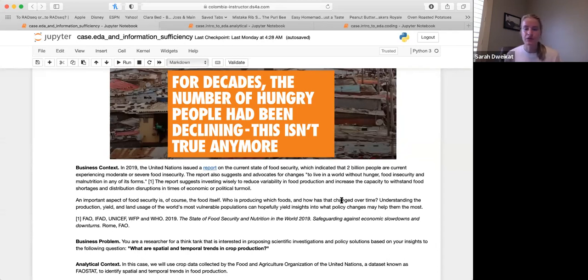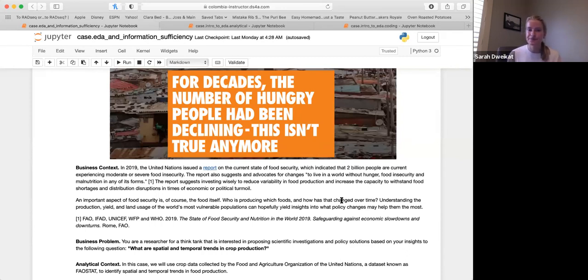The report advocates for everyone to live in a world without hunger, food insecurity, and malnutrition in any of its forms. The report suggests that one way we can do this is to reduce variability in food production and increase the capacity to withstand food shortages and distribution disruptions. So, trying to make our food production more consistent so that everyone has constant access to a reliable source of food.